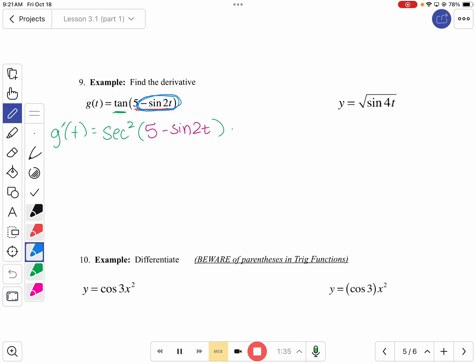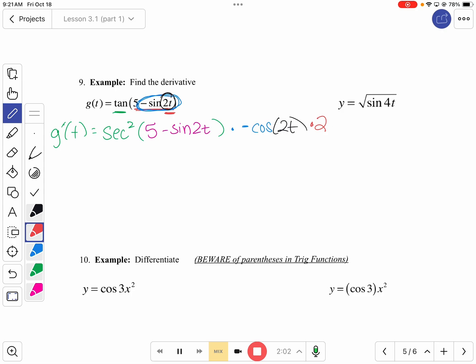And so what would be the derivative of negative sine? It would be negative cosine. I would still keep its inside stuff, which is 2t. But I'm not finished because that's that multi-link chain. What's the derivative of 2t? 2. Okay, so that's where it gets you. That's that multi-link chain when we see it happen.